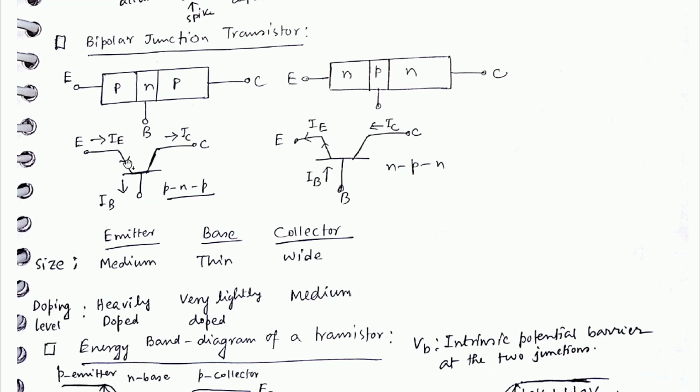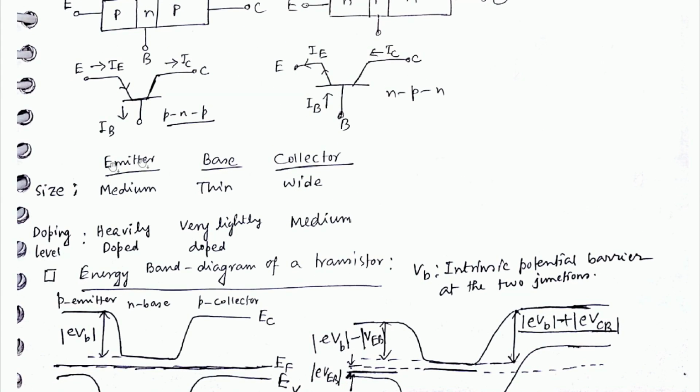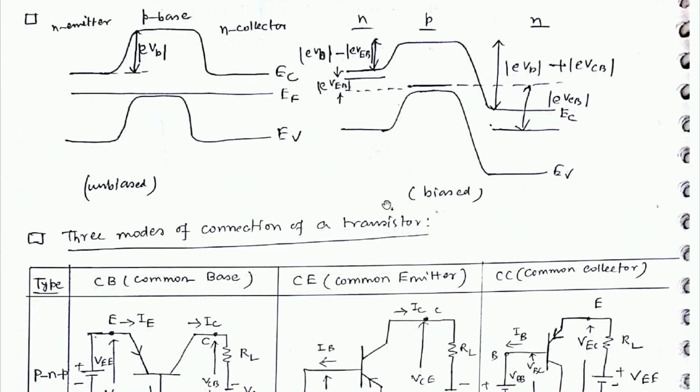This is PNP, N to P means PNP. P to N, base should be taken positive. So look, N to P is PNP, P to N is NPN. Emitter, base, collector: size medium, thin, wide. Doping level: the emitter is heavily doped, the base is very lightly doped, the collector is medium.